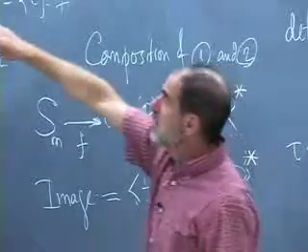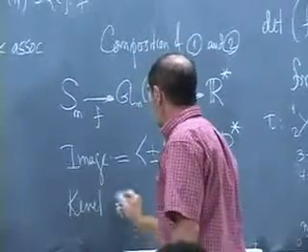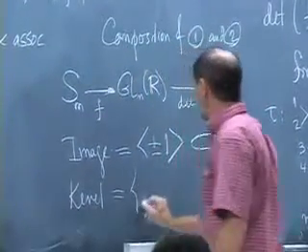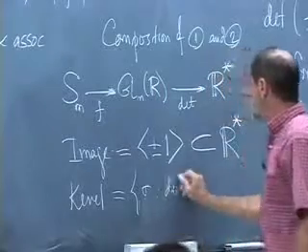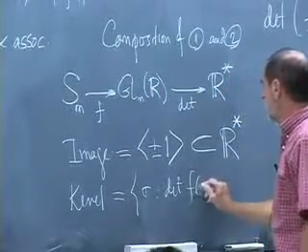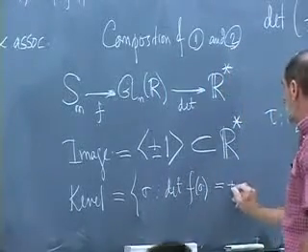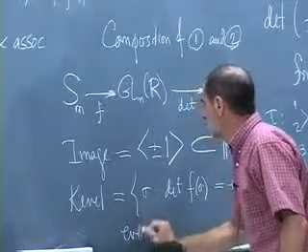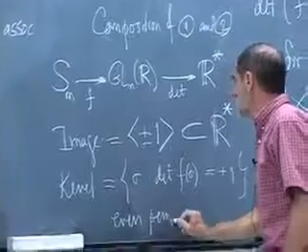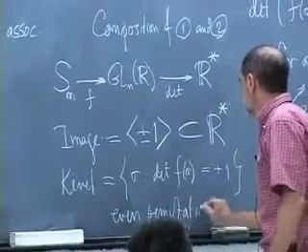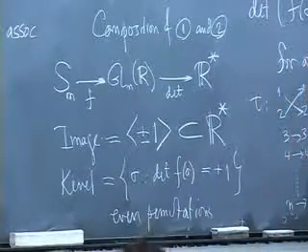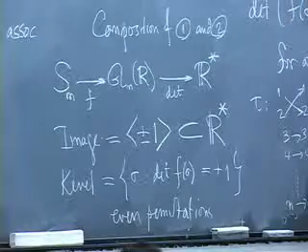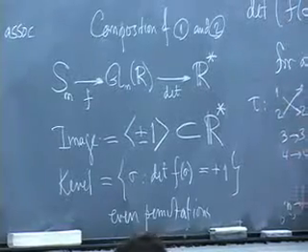See, the original map here had no kernel at all. But now we have a kernel which consists of the sigma such that the determinant of f of sigma is equal to plus 1. Those are sometimes called the even permutations. They're not everything, because tau is not an even permutation. This little transposition is not even.